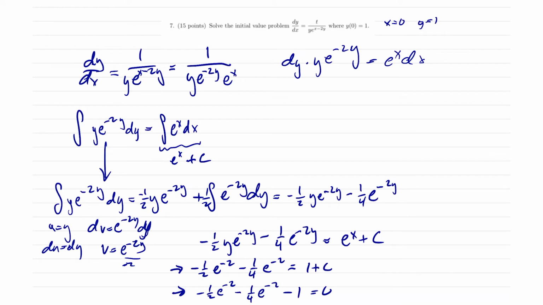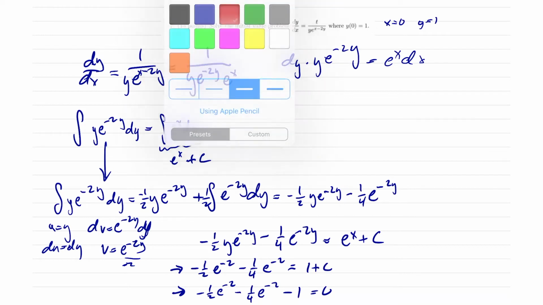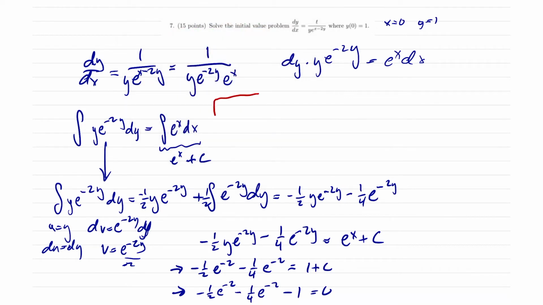All right. And so then all together, let's put this in red, the solution to the initial value problem is given like this. It is minus 1/2 y e to the minus 2y minus 1/4 e to the minus 2y is equal to e to the x minus 1/2 e to the minus 2 minus 1/4 e to the minus 2 minus 1.